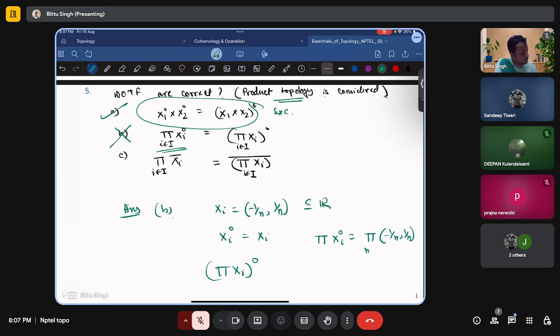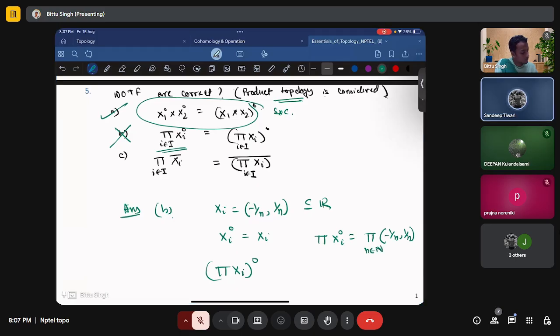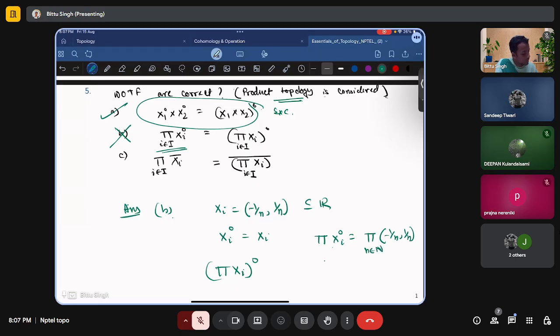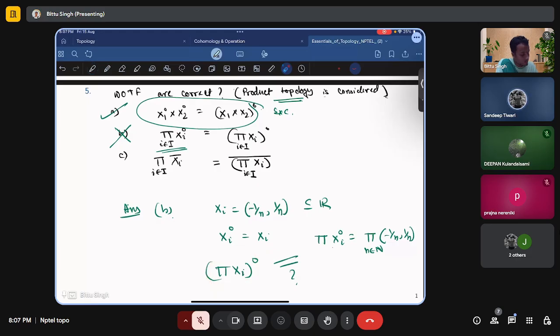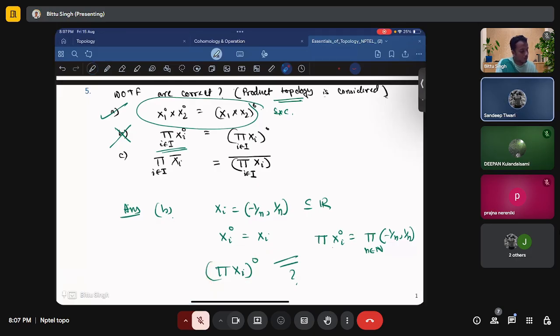Can this be the same as this? Is it possible? No, sir. Why? Because interior is always an open set. 0 belongs to this, but there does not exist any basis element in the product such that the basis element is contained in this.